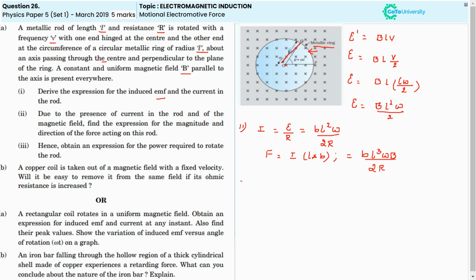Coming to the third part here, hence obtain an expression for the power required to rotate the rod.